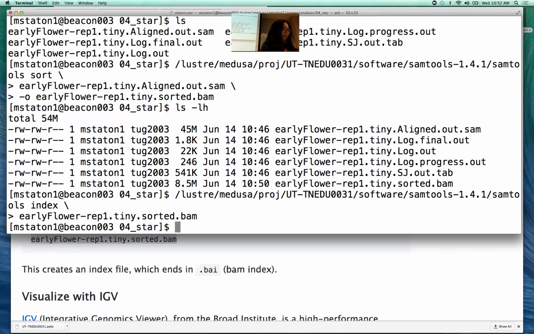Right. Do you have any questions? Indexing is not really like indexing a book. It's a location-based indexing instead of word-based indexing.